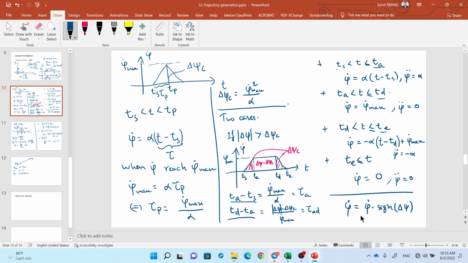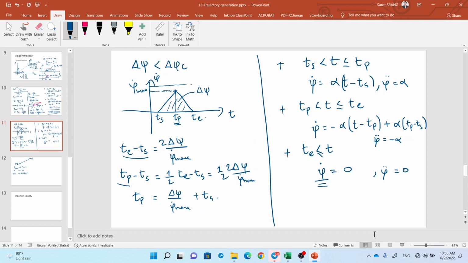I might say this should always be positive. I can write it like this, or maybe I can put an absolute value here, here, and here. Okay, that's fine, and then I have this. This is the more mathematical form. Need to use absolute value.